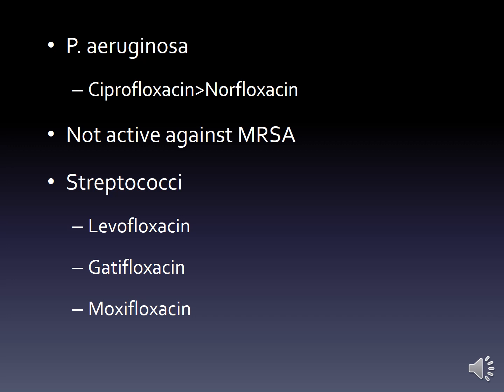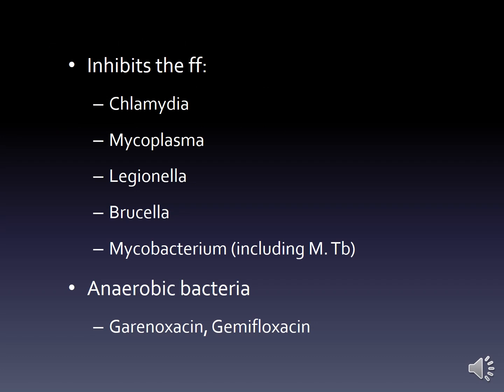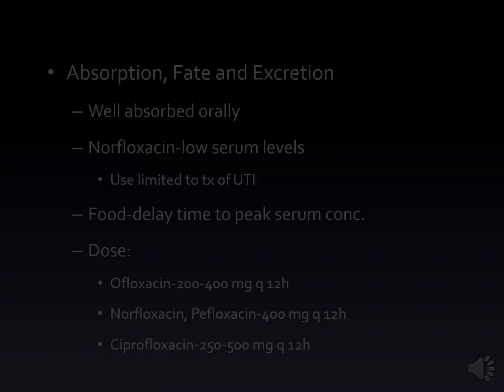But you have to remember quinolones are not active against methicillin-resistant staph. For strep, you can also use this. And it can also inhibit chlamydia, even mycobacterium, including Mycobacterium tuberculosis. For anaerobic bacteria, you can use garenoxacin and gemifloxacin.